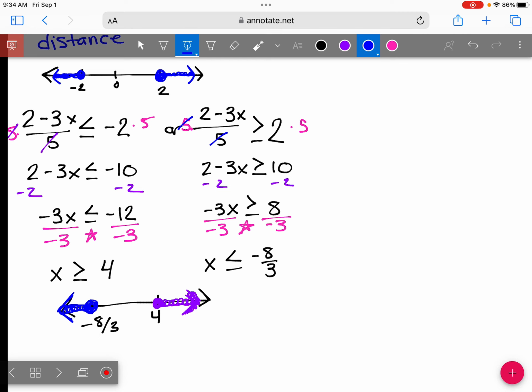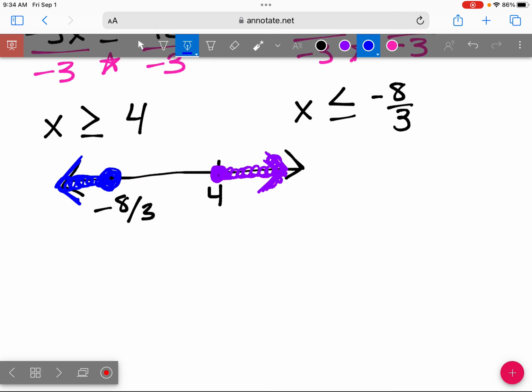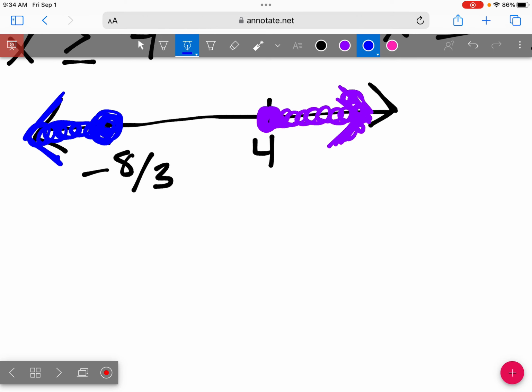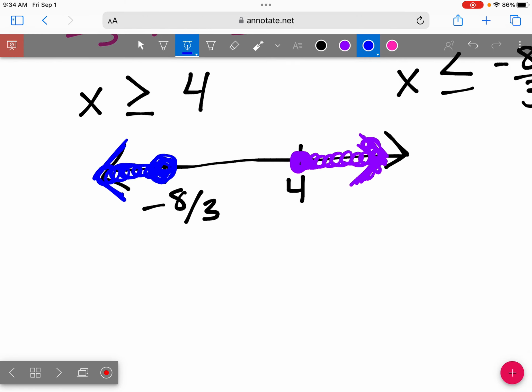So to put this in our interval notation, come and write one for each of the pieces. If x is less than negative 8/3, what is the smallest that's going to be? Negative infinity. And I cannot touch that. What is the biggest it's going to be?